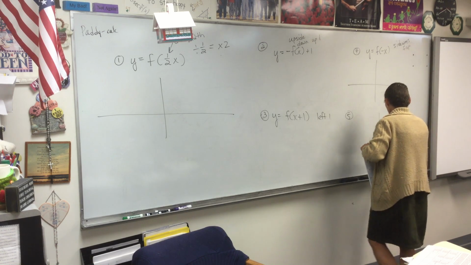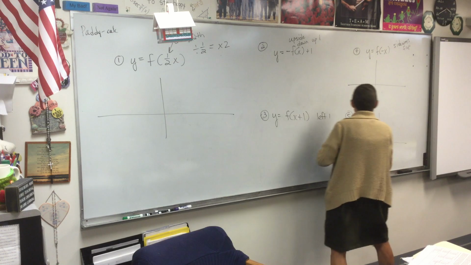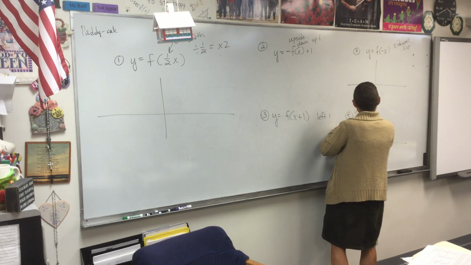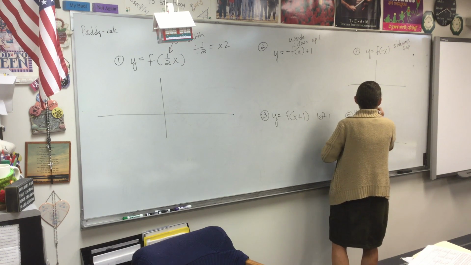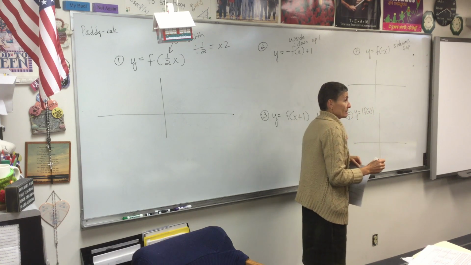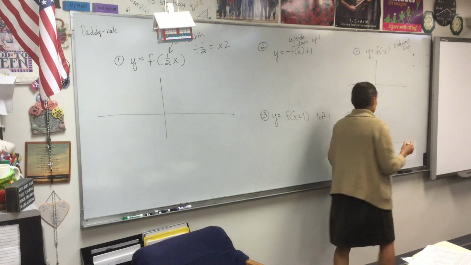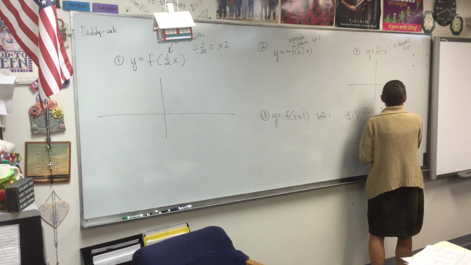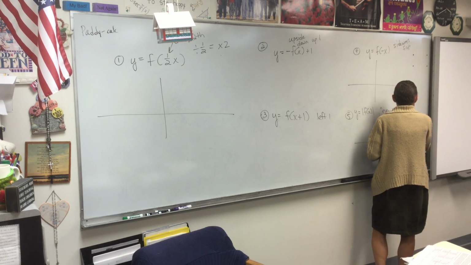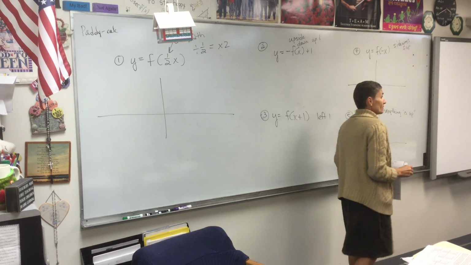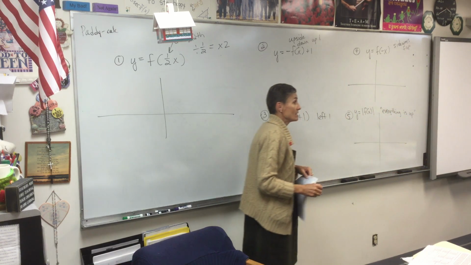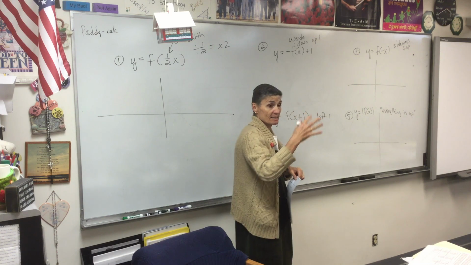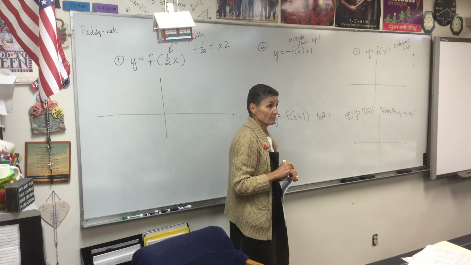You're exactly right. And what about number 5, which is one we just talked about? Everything is up. If I write that, everything is up, does that make sense to everybody? It means if it's already sitting on the x-axis, it stays there. If it's below the x-axis, it gets folded up.